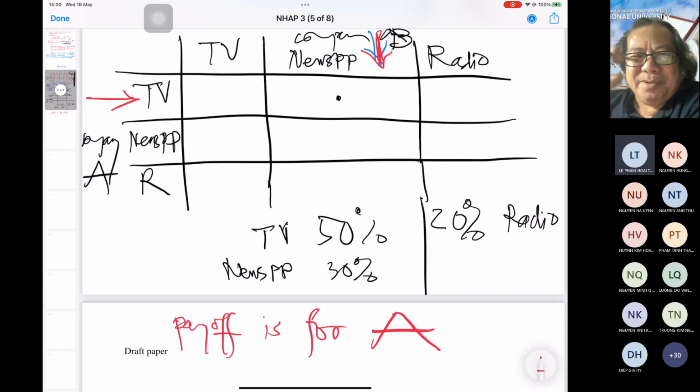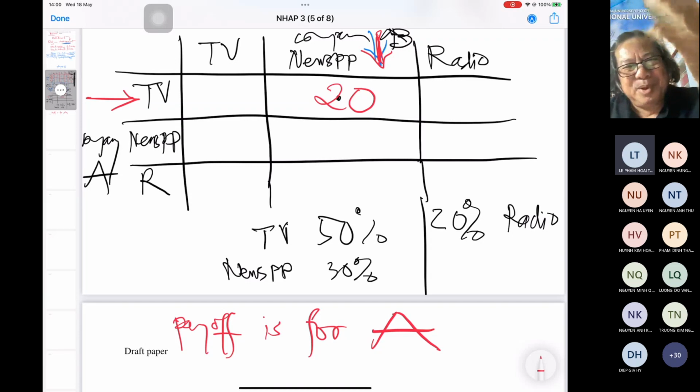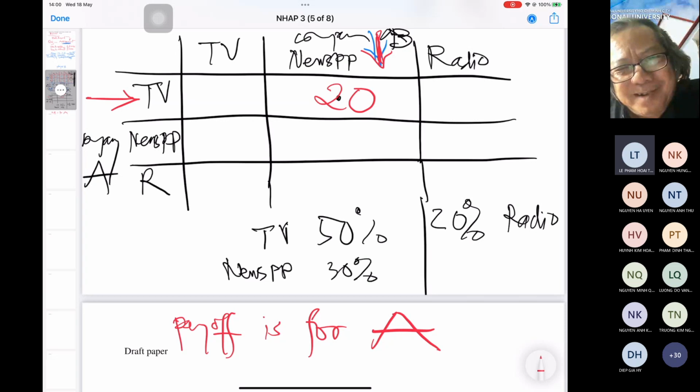So here is 20% for A. A gets 20% more than B. Is that okay? If A television, but B also television, so 50-50. So no one gets from the others. Nothing. So 0.